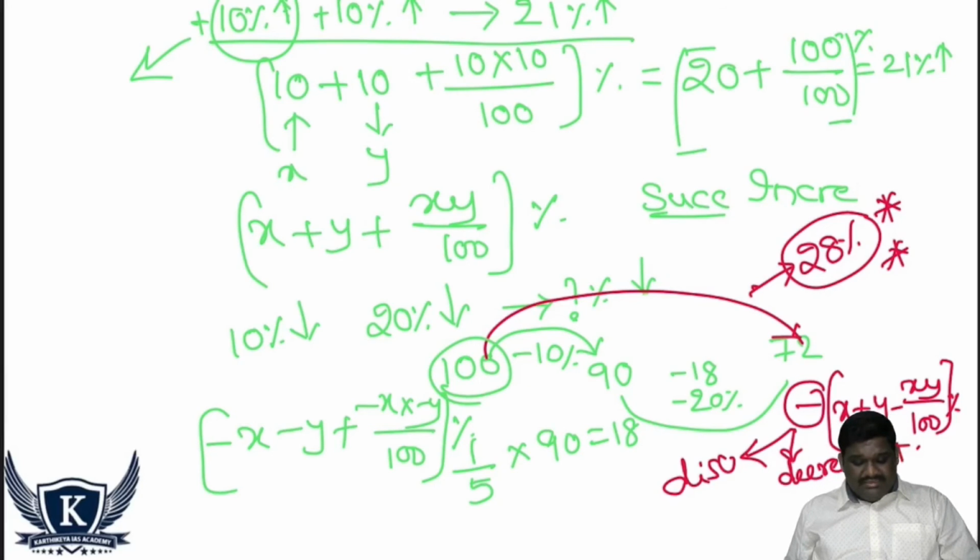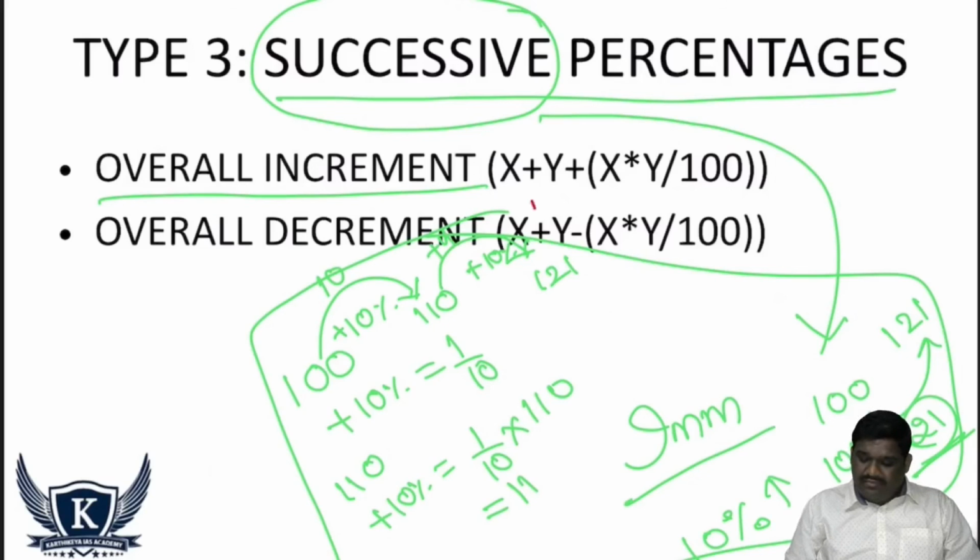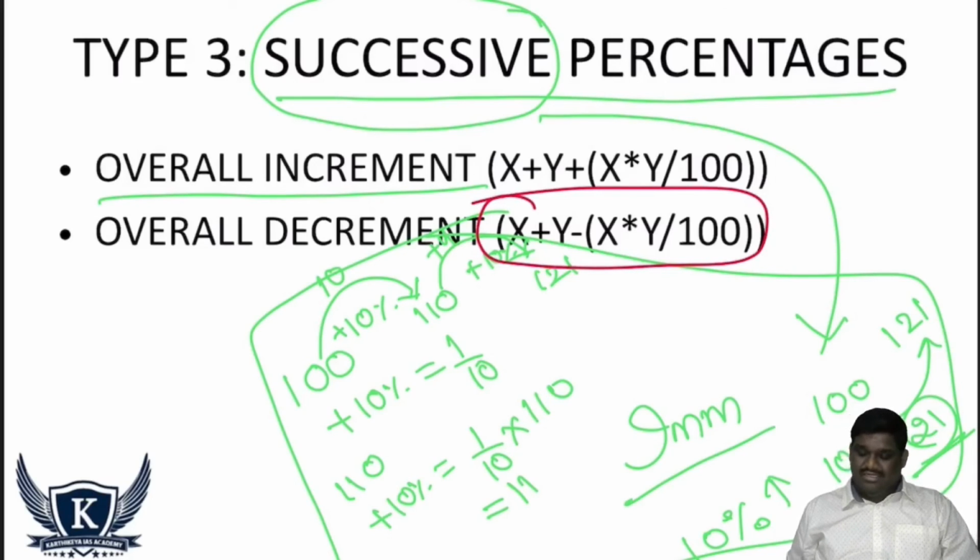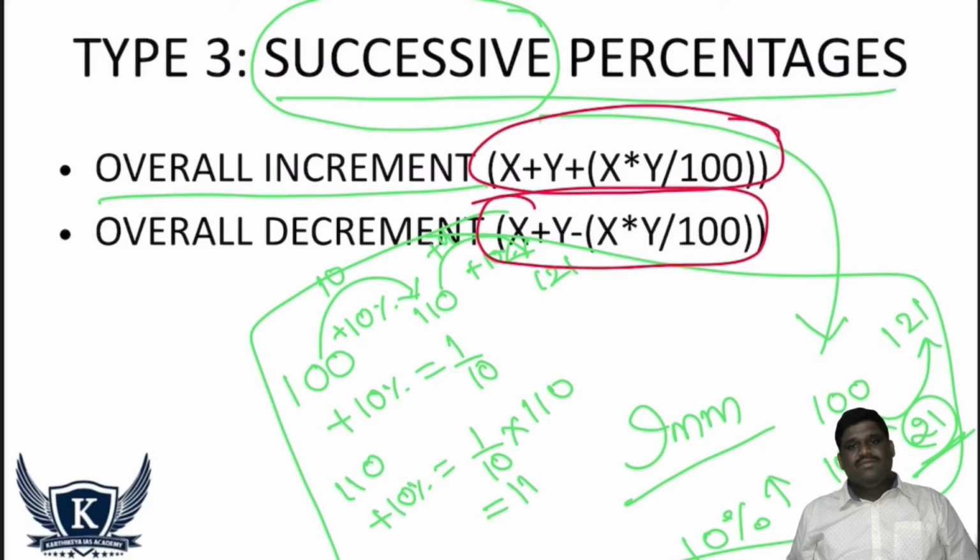So this is the formula explanation. For the decrement we used the formula x plus y minus xy by 100. x into y or xy, both are the same. If it is the overall increment, it would be x plus y plus xy by 100. So that is the basic explanation of these two formulas.